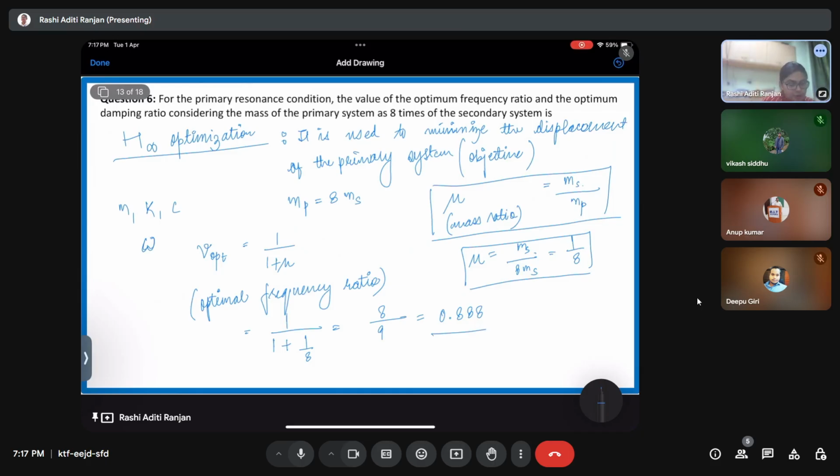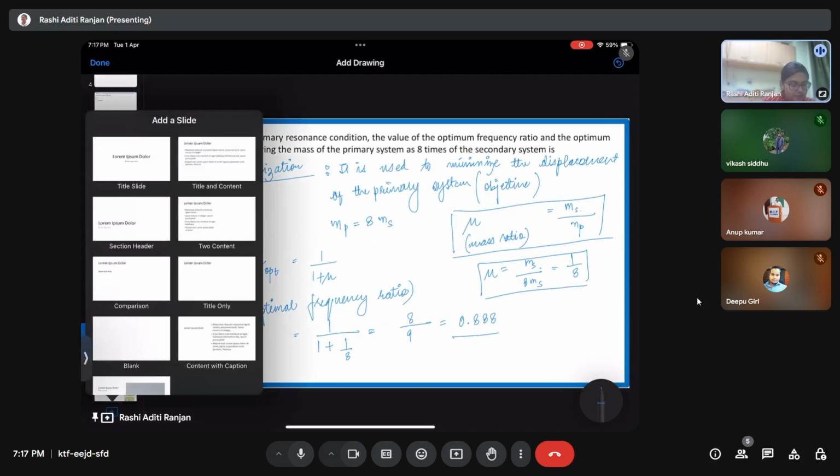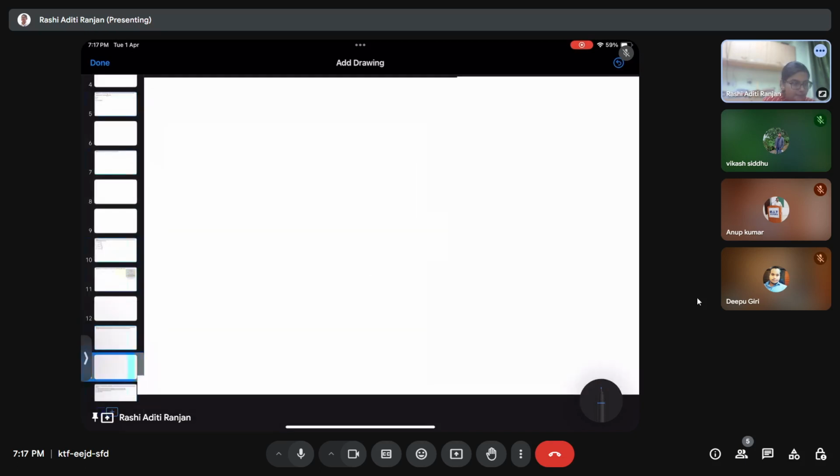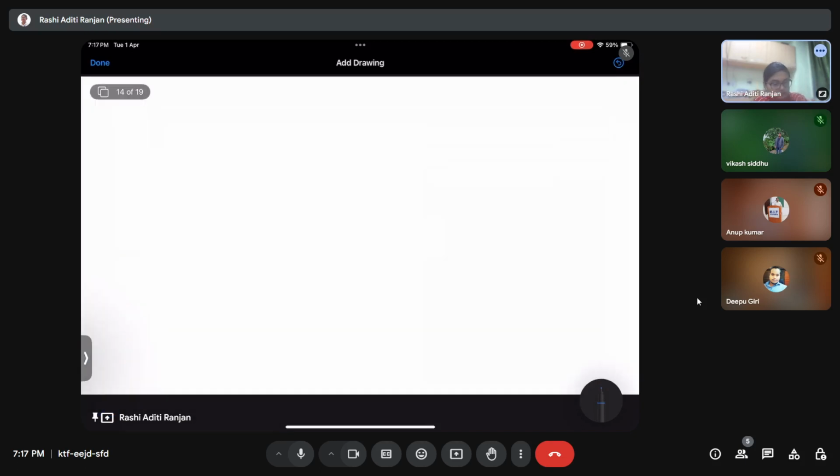And the second is the optimal damping ratio, which is defined as the square root of 3 mu by 8 into 1 plus mu.